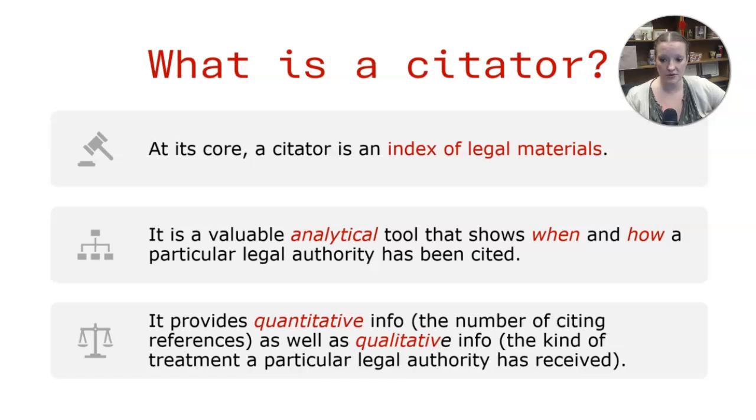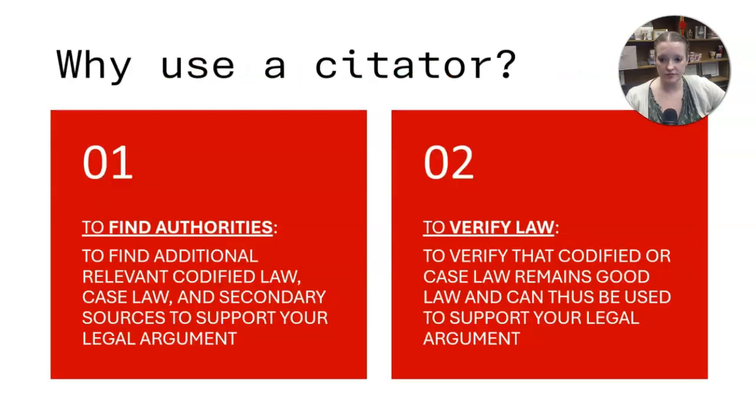So we're seeing two things here: quantitative information, how frequently we are seeing this, and then qualitative, so how is it being used? Is it being treated in a positive way, in a negative way? And as we'll see, we'll build on that and get even more specific in terms of the type of treatment received.